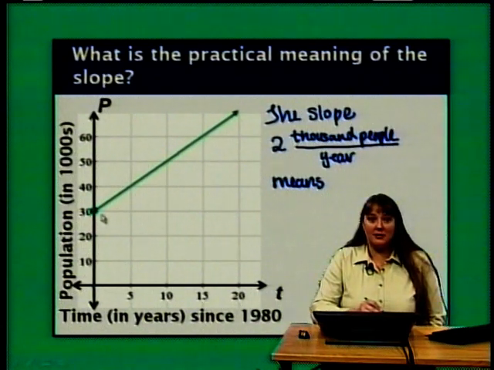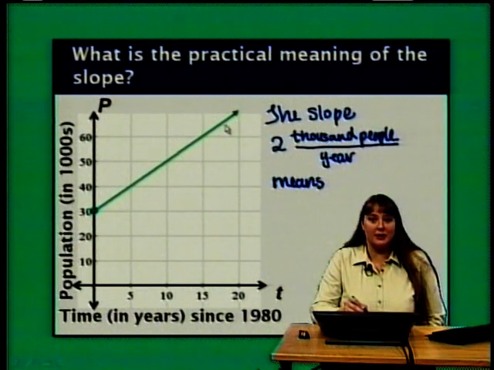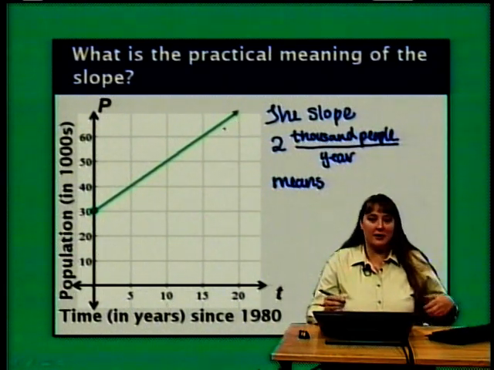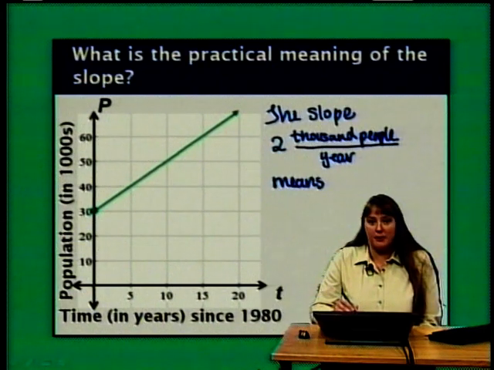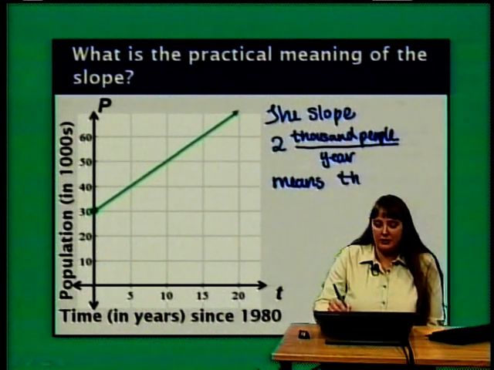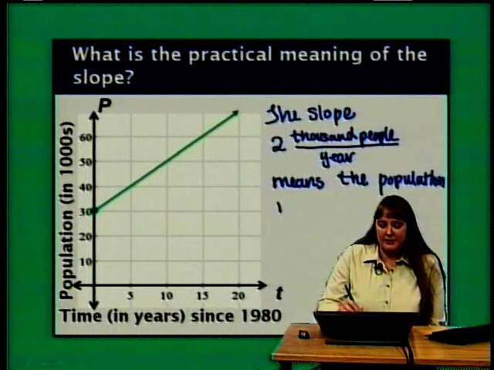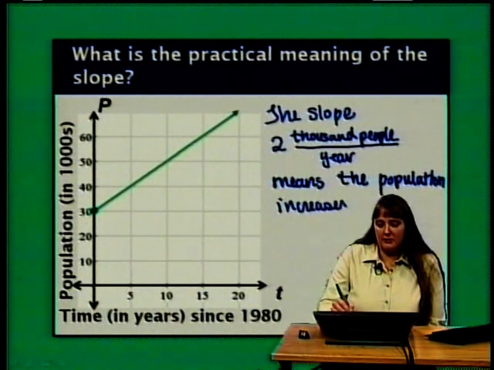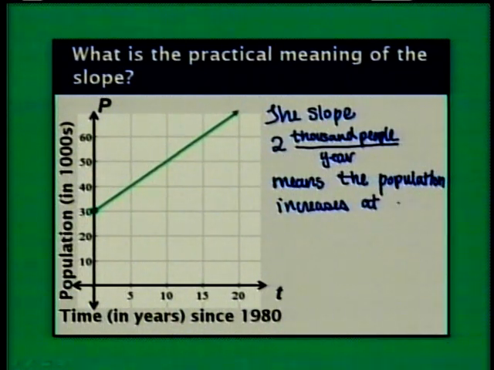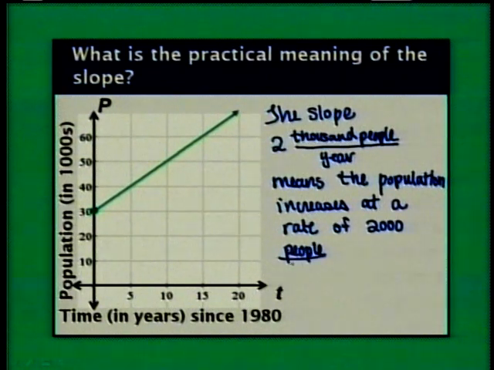We talked about the fact that the line is increasing, so the population should be increasing here. And in fact, that's what the slope tells us. The slope, 2,000 people per year, means the population increases at a rate of 2,000 people per year.